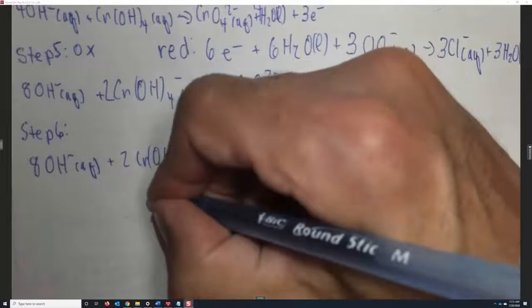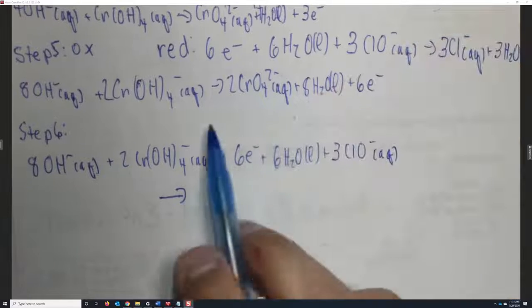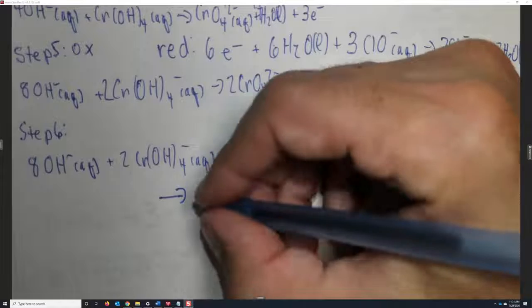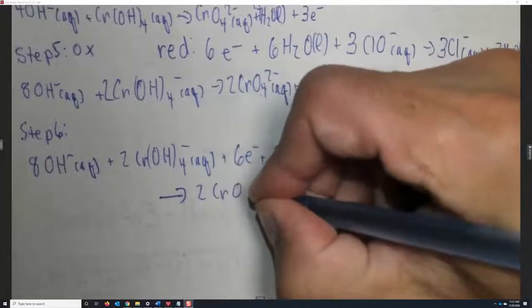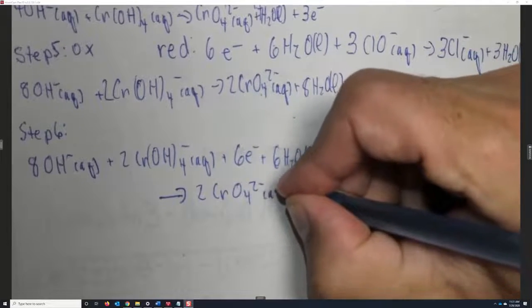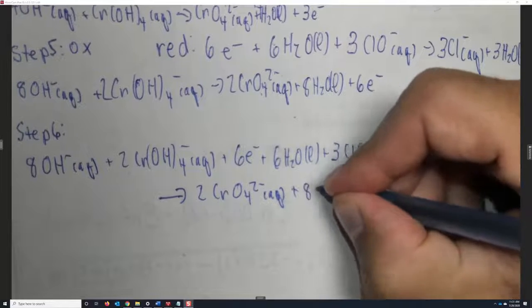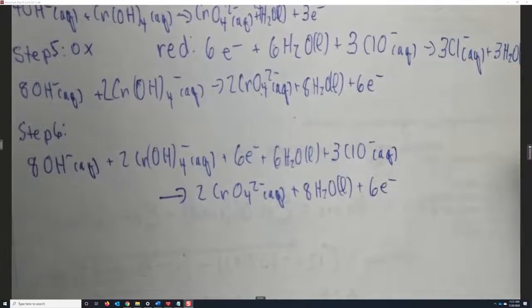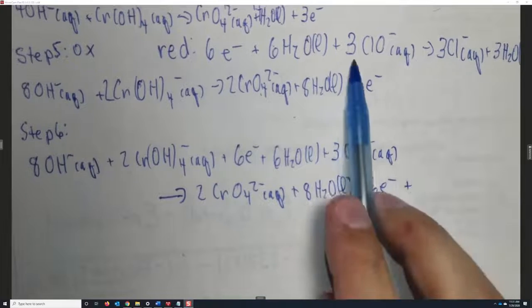I'm going to repeat with all the products, and I'm going to write it down here so it'll fit. So starting with the oxidation reaction again, it doesn't really matter, but that's what I'm going to start with. 2 CrO4 2 minus aqueous plus 8 H2O liquid plus 6 e minus plus, now I'm going to go to the reduction one.